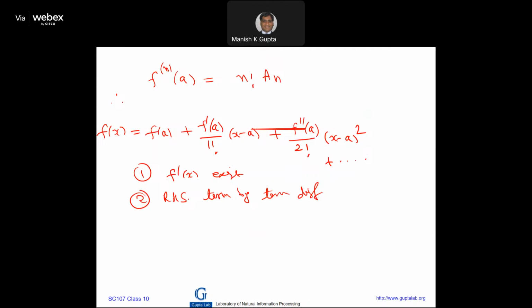Now, can you apply ratio test here and tell me what is the radius of convergence? Anyone? Apply ratio test. Do you remember ratio test? What is the nth term? Should I write down the nth term also? Yes.